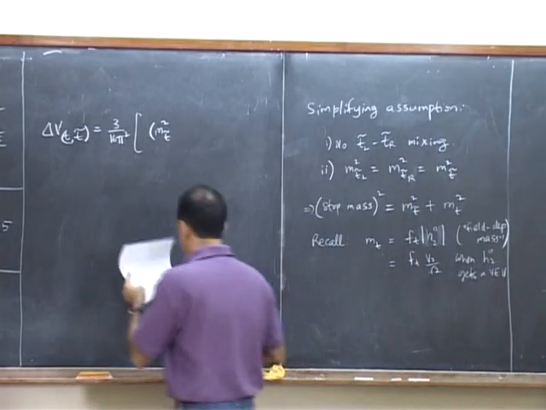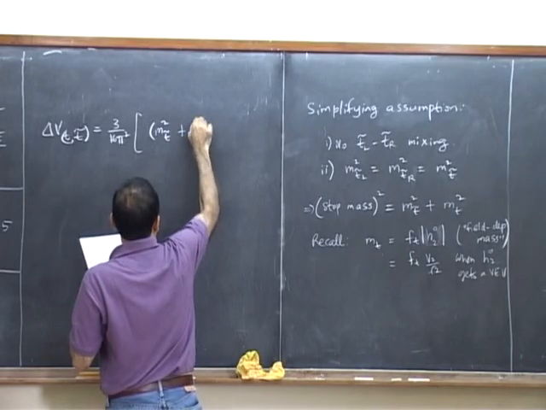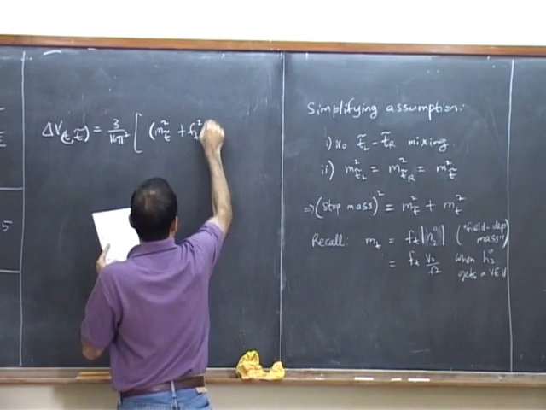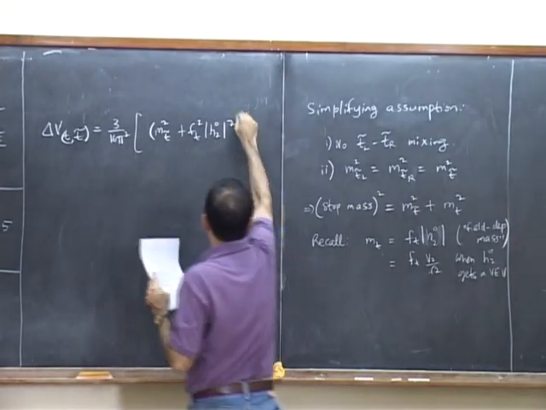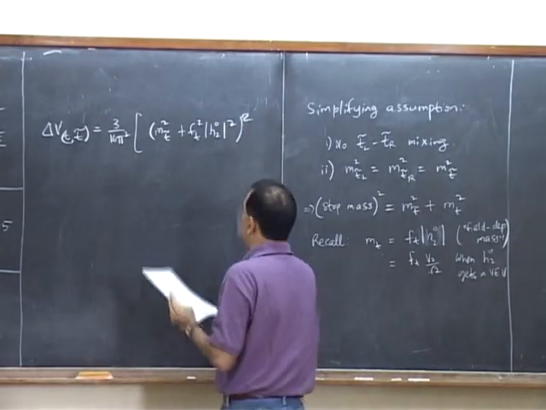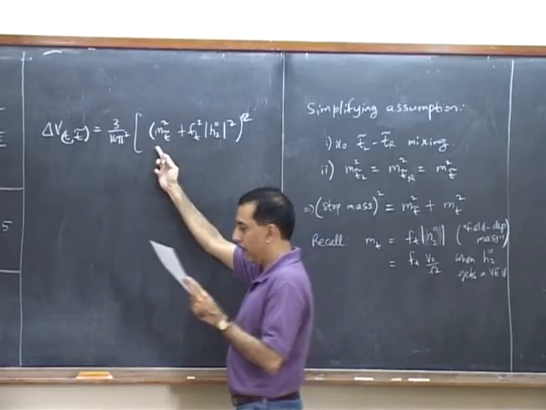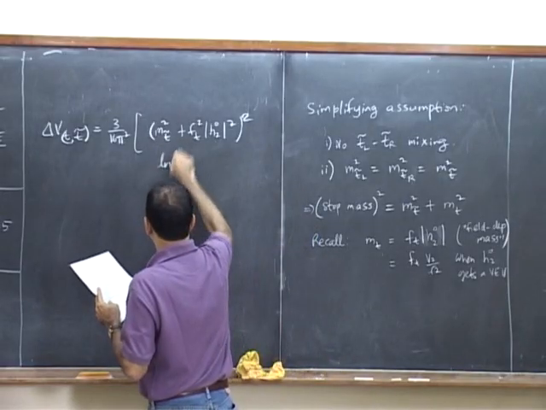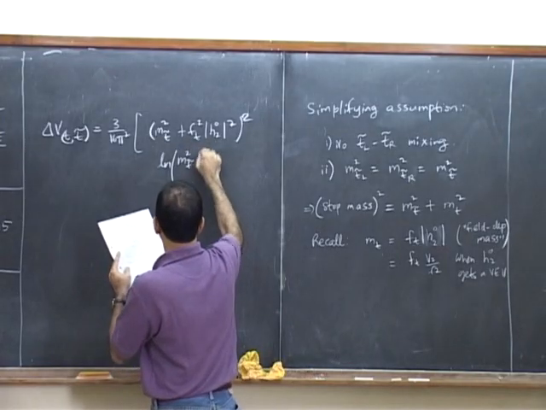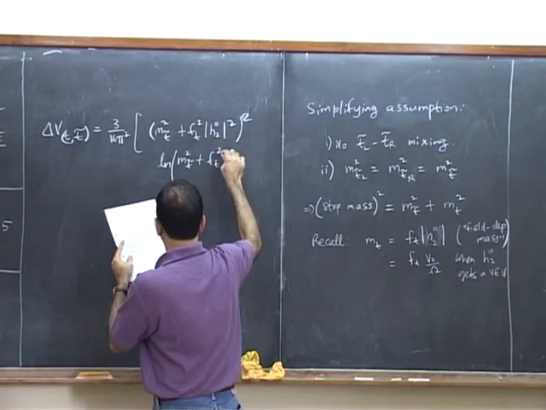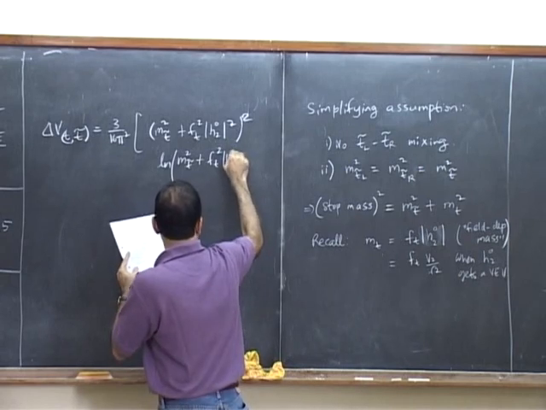Okay, so mt tilde squared plus ft squared mod H20 squared. So that's the m to the 4th in the original formula, and then a log of the same matrix mt squared. It's not a matrix anymore, it's just a number, because we assume that matrix was diagonal.